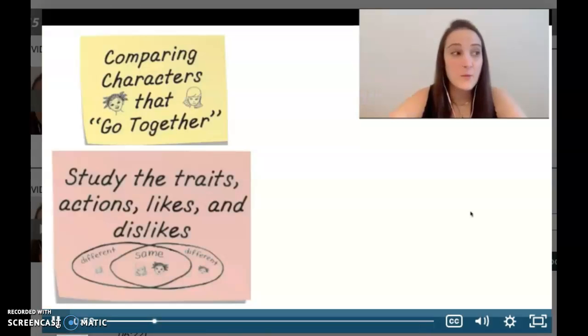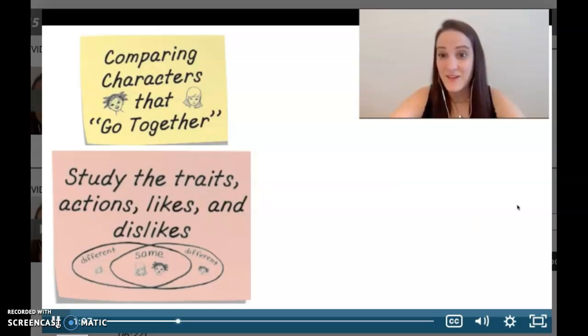So readers, we have a new anchor chart comparing characters that go together, starting to think about how our characters are similar and different in the books that we're reading in our clubs and to our read aloud books as well. So we study the characters' traits, their actions, their dislikes, and their likes. And we start to think, how are the characters similar and how are they different?